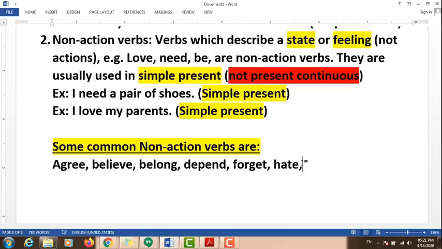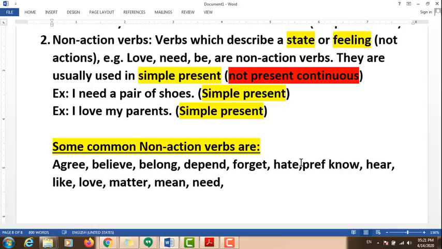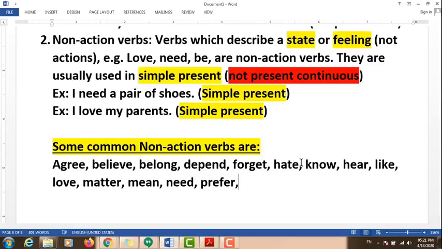Hate, know, hear, like, love, matter, mean, need, prefer, realize, recognize.